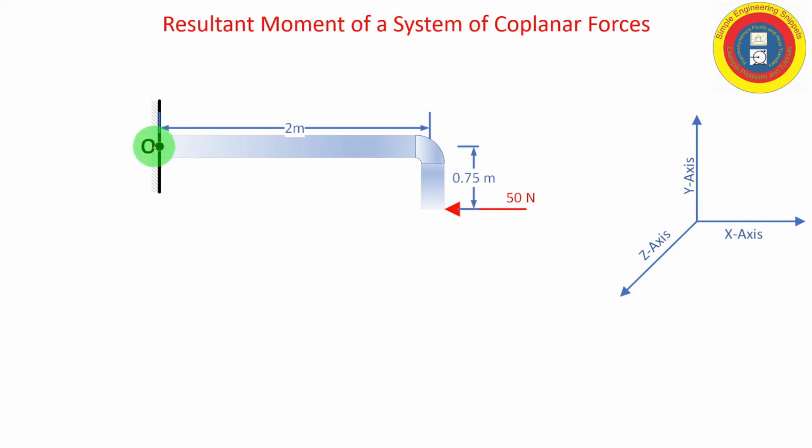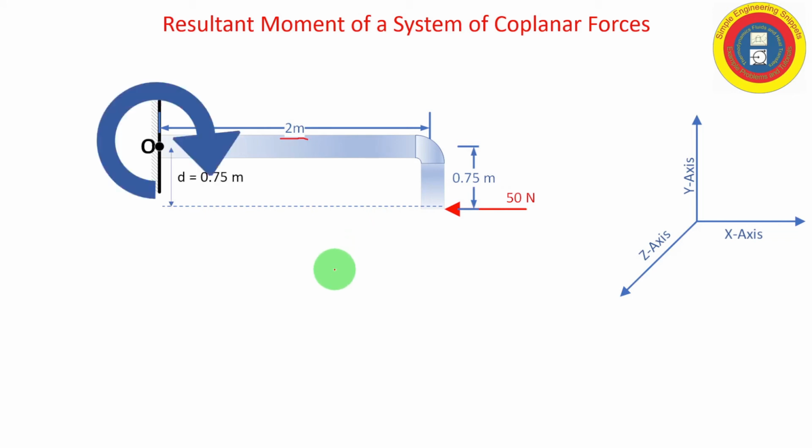Okay, so here's the next system. Again, we're taking the moment about point O, and we have a force of 50 newtons acting at 0.75 meters beneath point O. And so we need to determine the line of action, so extending this over. And so the distance d that we're going to be using in the moment is going to be 0.75 meters. So in reality, the 2 meters in this case really does not come into play.